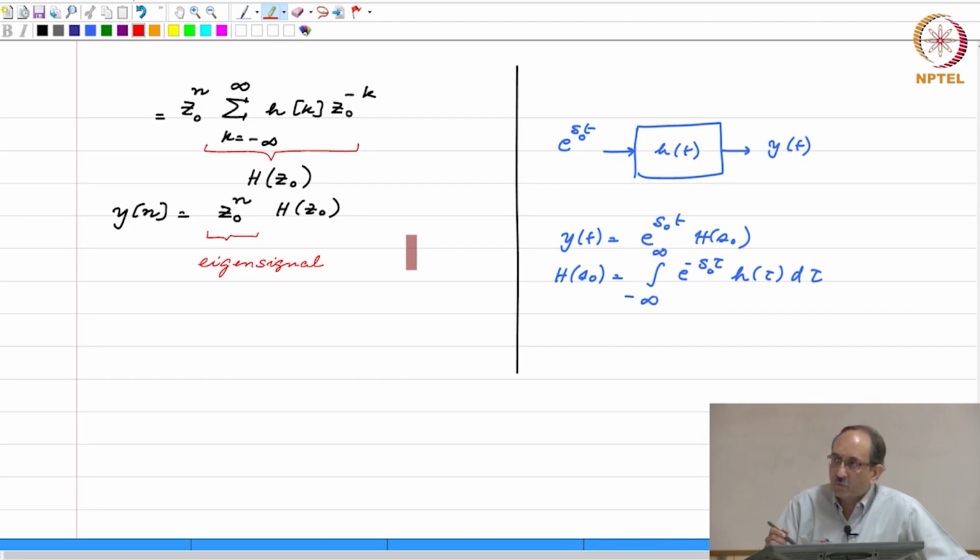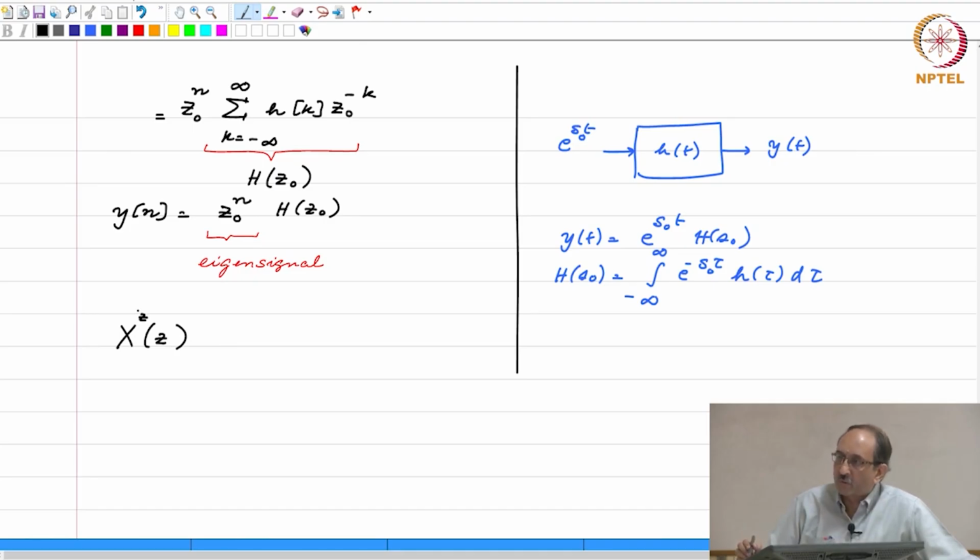So, if you want to use more precise notation, there are some books that use this. They denote x of z as X_Z of z.